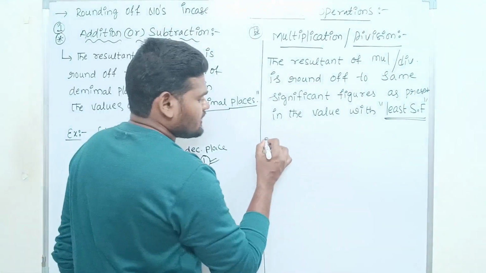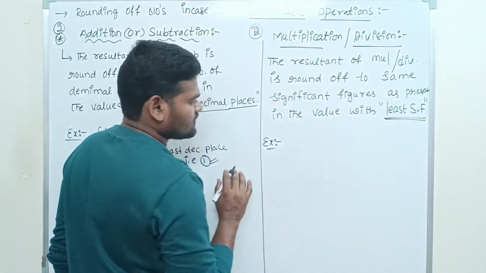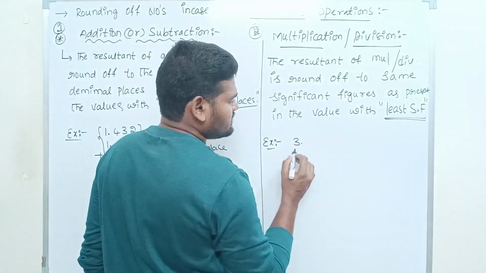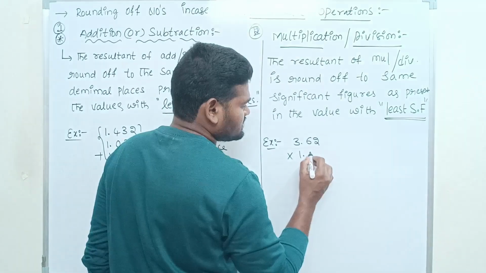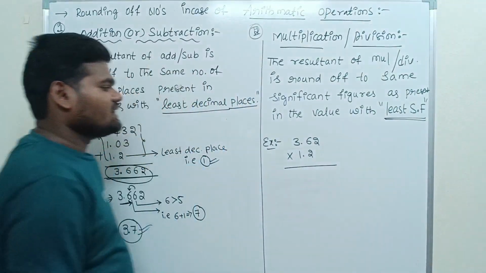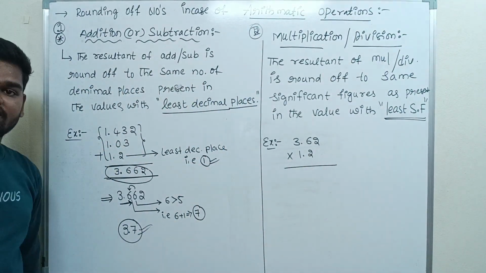Have a look at an example. 3.62 into 1.2. I'm multiplying 3.62 by 1.2.